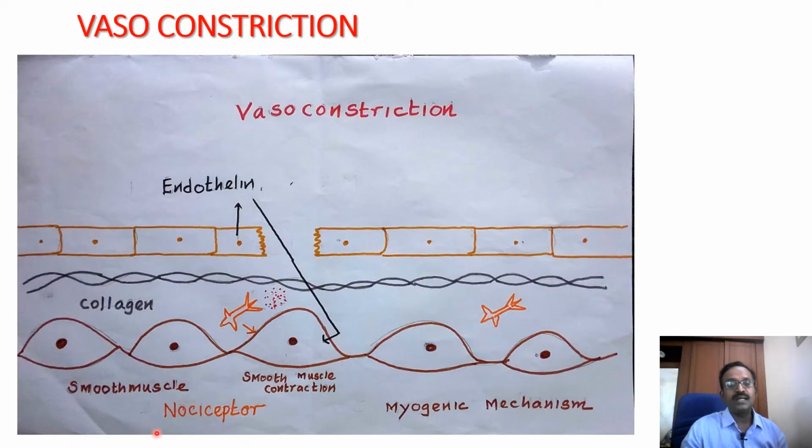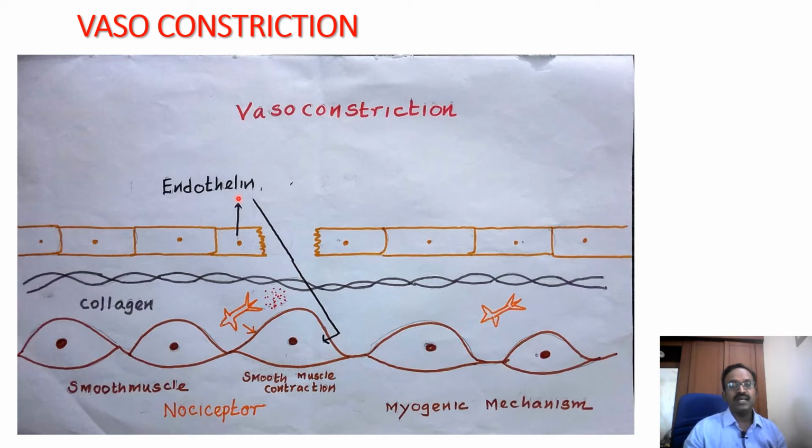Vasoconstriction is the first important protective mechanism against bleeding. This image shows one wall of the vascular endothelium. Beneath the endothelium, the collagen layer is there, and beneath the collagen, the smooth muscle layer is there.